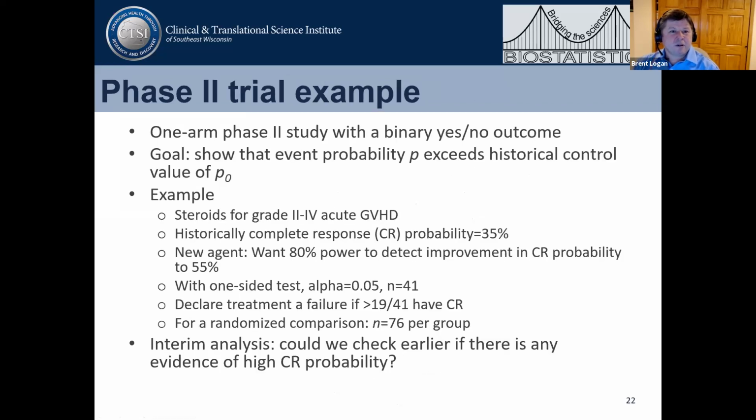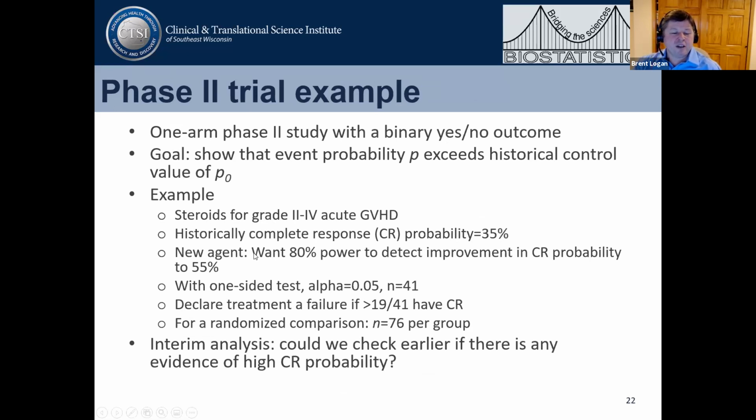Here's an example. This is a one-arm phase 2 study with a binary yes/no outcome. So you're looking at event probability or success failure rate versus historical control rate of P0. Historically, steroids for grade 2 to 4 acute graft versus host disease after a transplant has a complete response probability of 35%.